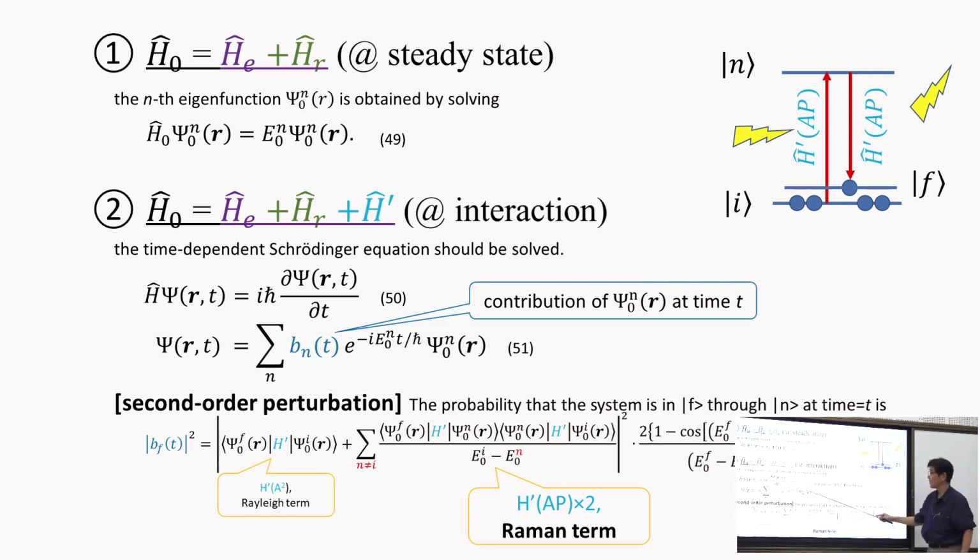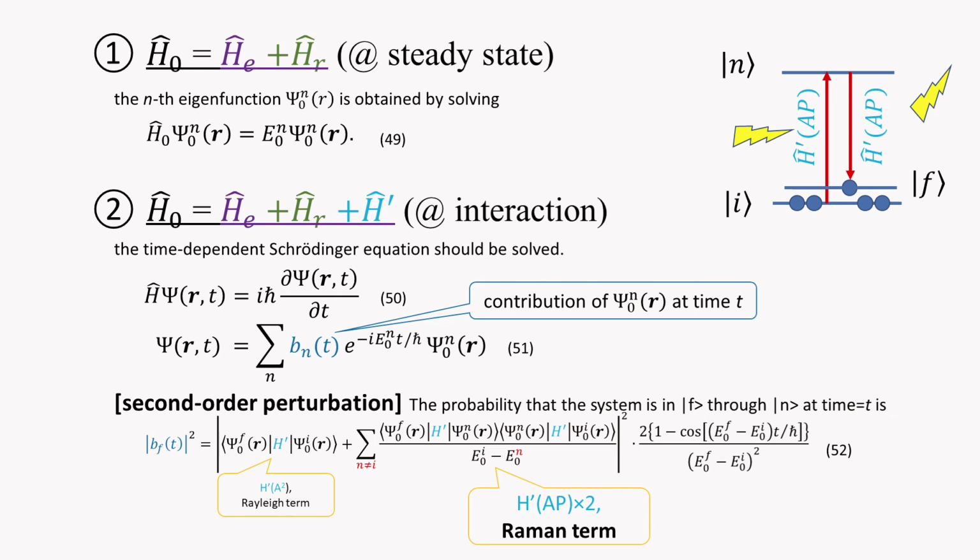The temporal dependence, or significance, of this wave function is expressed by using the time-dependent coefficient, B_n(t). B_n(t) indicates the contribution of this wave function at time t. So the contribution of each wave function, as a solution of the steady state Schrödinger equation, changes time by time.